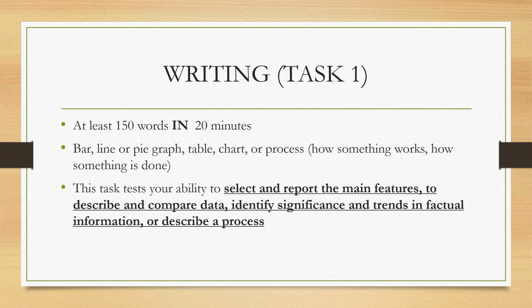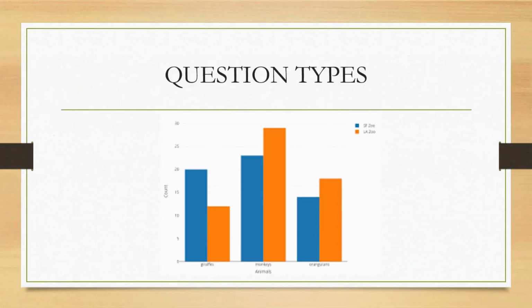It can be a bar graph, a line or pie graph, table, chart, or process. And you will be asked to select and report the main features, to describe and compare data, identify significance and trends in factual information, or you will be asked to describe a process.